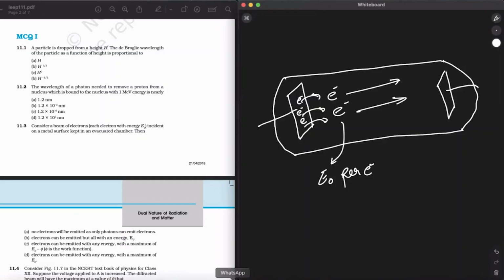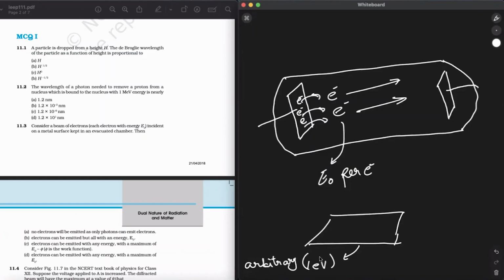I'll show you. Suppose this is a metal surface and it has electrons in it. Say the energy required to take out an electron from here is 1 electron volt. It is an arbitrary number, not an exact value, just think of it like that.